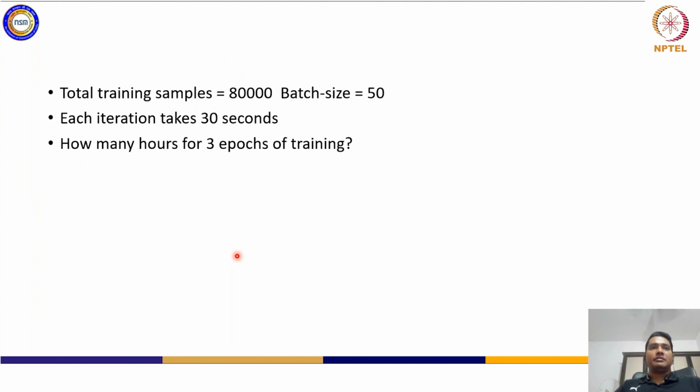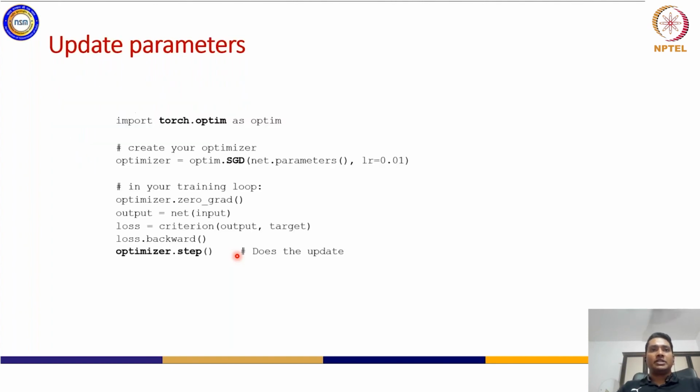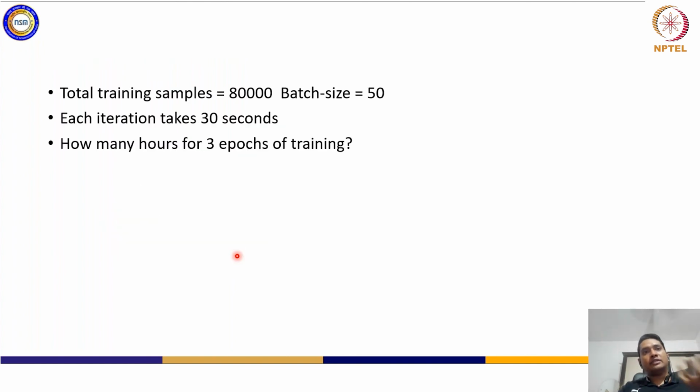So one question here remains. One epoch is essentially to scroll through all the training set, for all the batches. So let's say you have 8,000 samples and batch size is 50. How many total iterations do you have to do to train on the entire set of samples? That is one epoch.